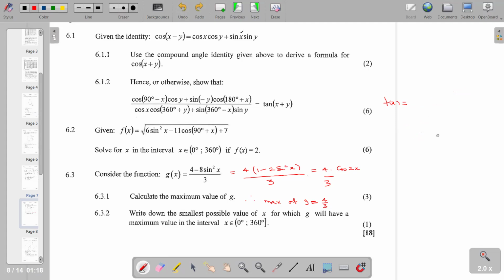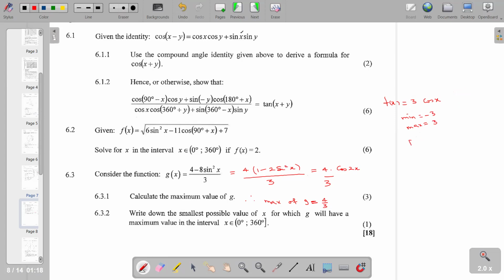We are saying if we are given f(x) is equal to 3 cos x, our minimum will be equal to negative 3 and our maximum will be equal to positive 3.